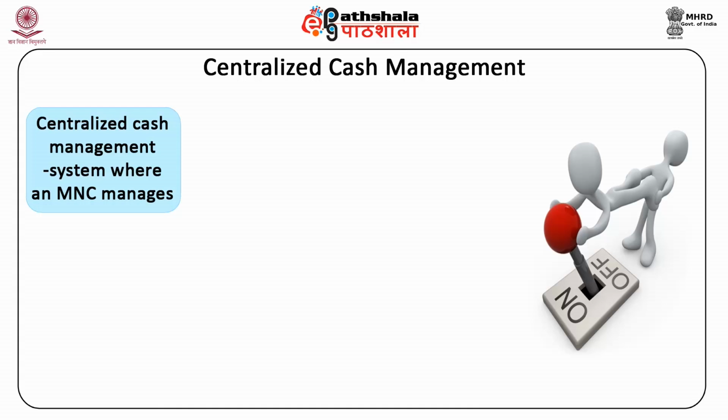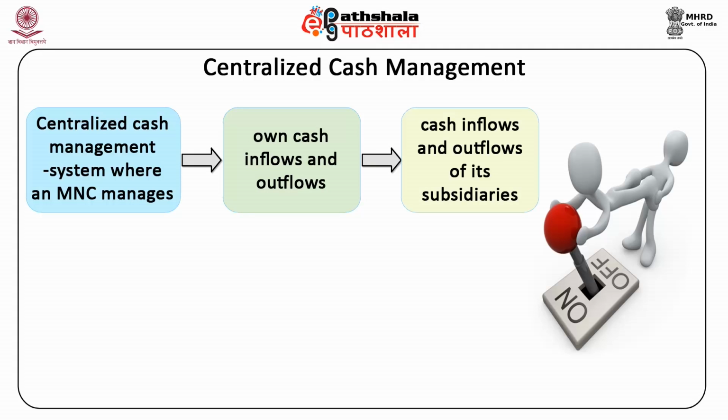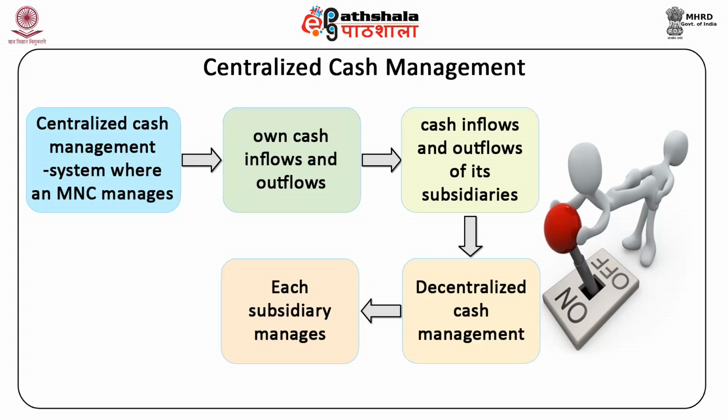Centralized cash management is the system where an MNC manages its own cash inflows and outflows as well as the cash inflows and outflows of its subsidiaries, whereas in decentralized cash management, each subsidiary manages its own cash inflows and outflows.